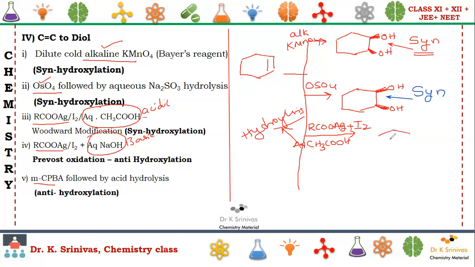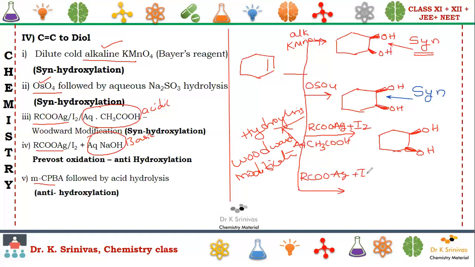I am writing the compound. Here also we are going to see the formation of the compound like this. This is said as Woodward, generally for JEE Advanced, modification. Syn hydroxylation. Now a small modification in the above reagent: RCOOAg plus iodine in the presence of aqueous NaOH, base hydrolysis.